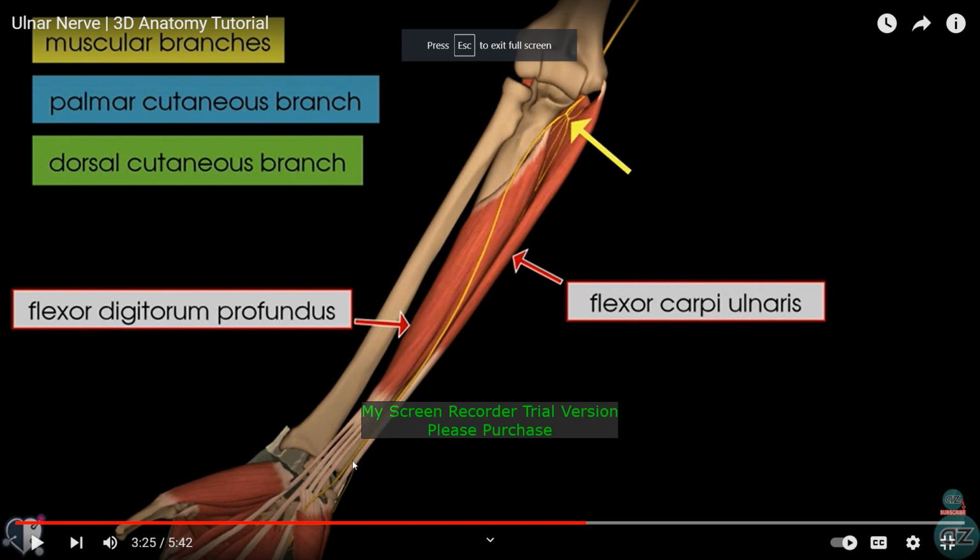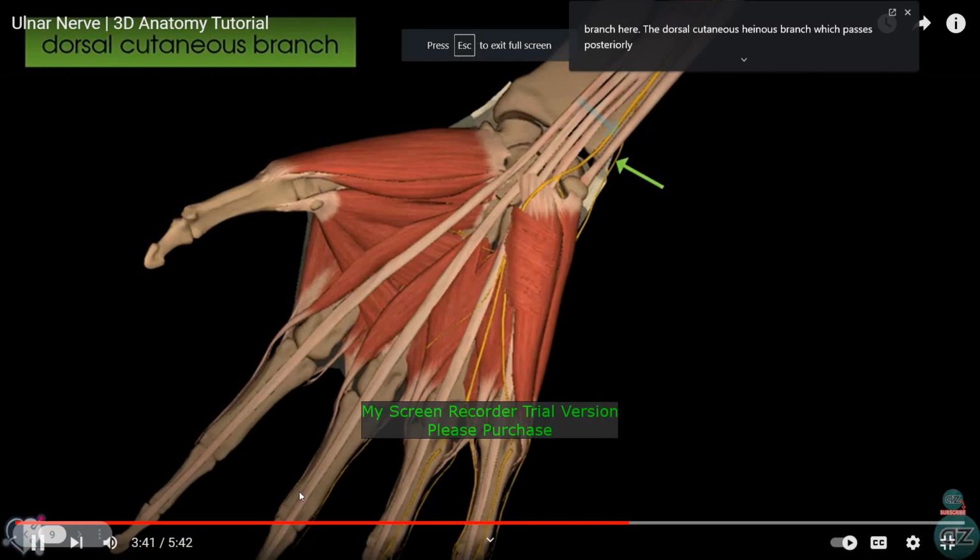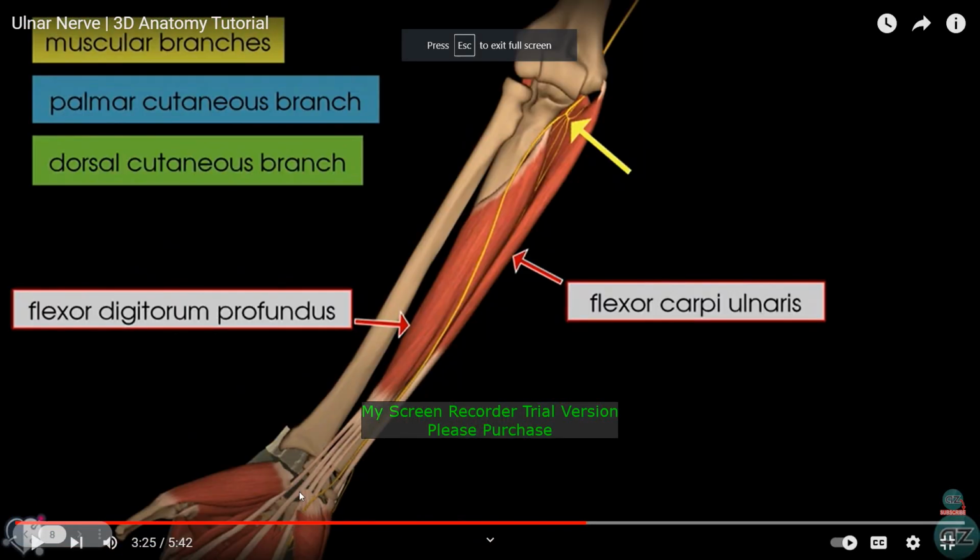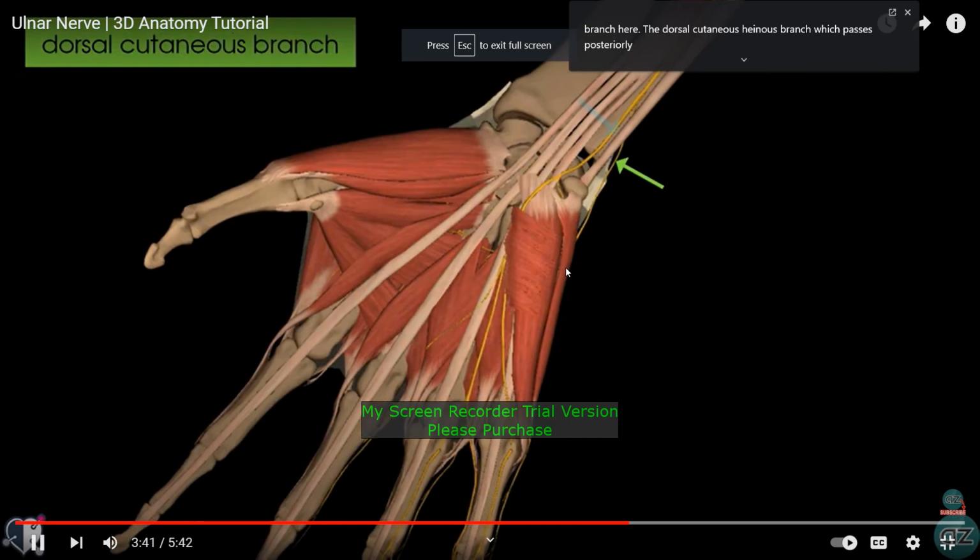After giving the muscular branches, it goes into the hand. Let's discuss the importance of the other two branches: the palmar cutaneous branch and the dorsal cutaneous branch. The palmar cutaneous branch is not shown here, but it innervates the superficial layer of the medial side of the forearm.